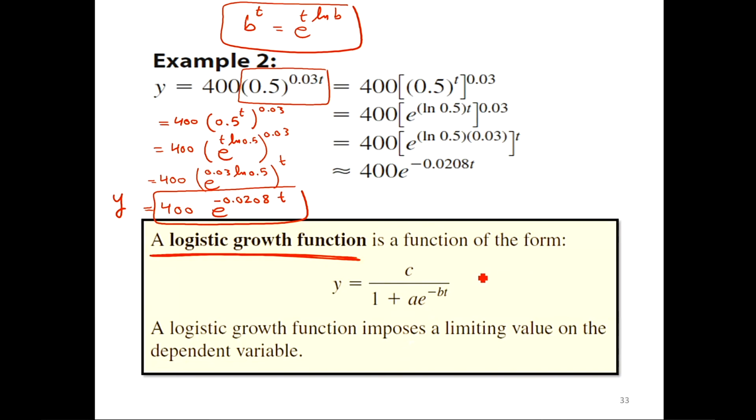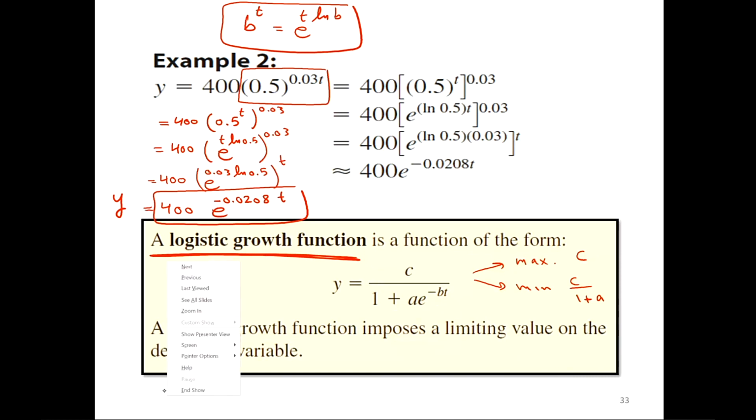So the maximum is c, and the minimum equals c over 1 plus a. This is called the logistic growth function: c over 1 plus a e to the power minus bt.